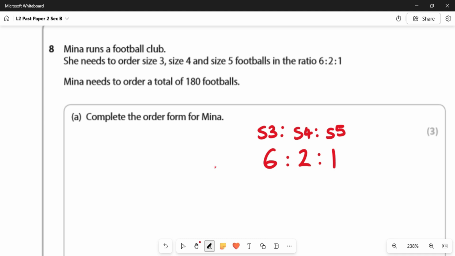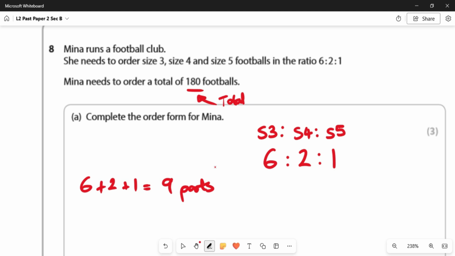6:2:1. She needs to order 180 footballs, so this represents the total. So therefore I need the total ratio, 6 plus 2 plus 1, which is going to give me 9 parts. Don't be tempted to add together the 3, the 4 and the 5.